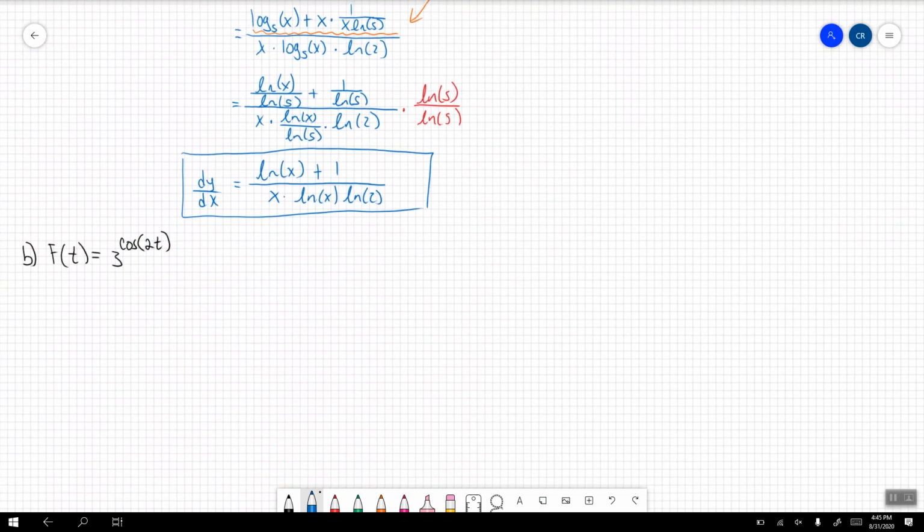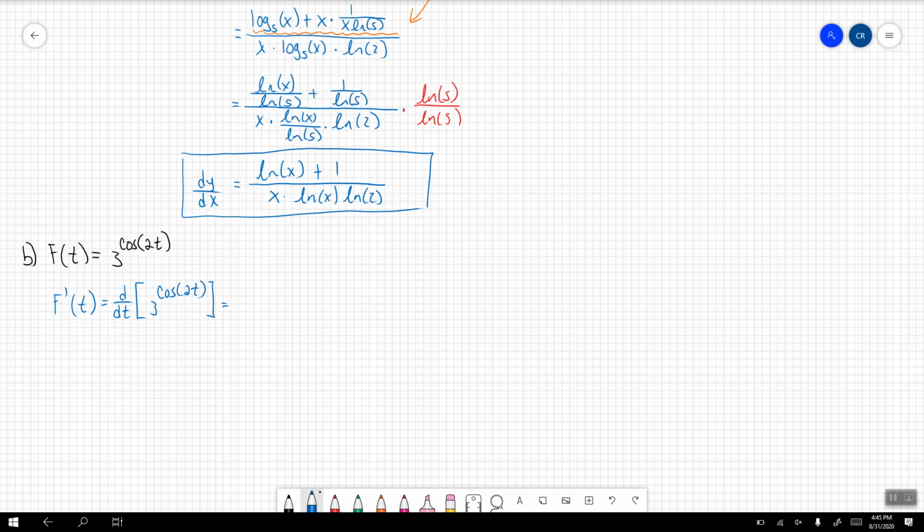So when I do this, when I start taking this derivative, f prime of t, this is going to be the derivative with respect to t, and this is going to be for 3 to the power of cosine of 2t. Okay, so taking the derivative here, I'm going to be left with the base and the derivative itself.